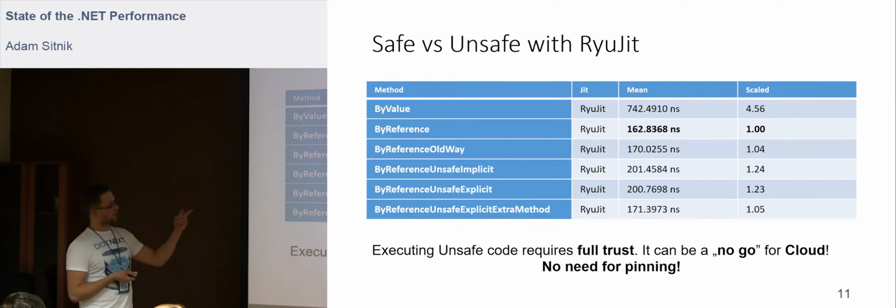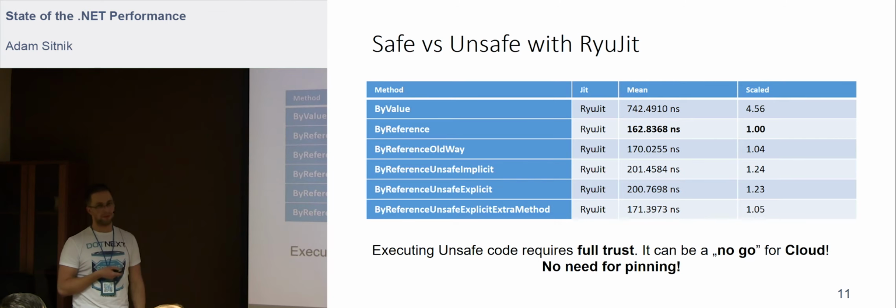And the difference here, this 10 nanoseconds, is because we didn't need to pin the object in memory. And by the way, the new references are safe. So what does it mean? When the garbage collector is doing its job, it might decide to compact the memory because the memory is fragmented.